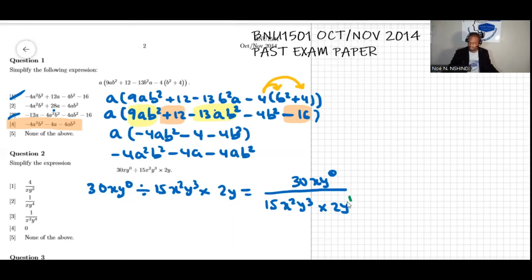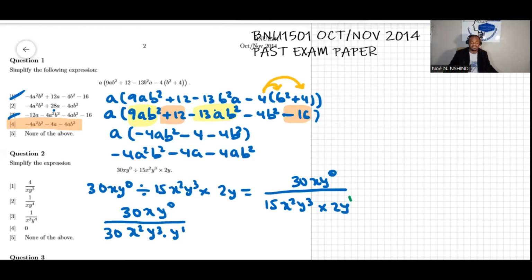And this can be combined like this: 30x y to the power of 0 all over 30, okay? Because it's 15 times 2, so it makes 30. And then x squared y cubed times y to the power of 1. Okay, I prefer to do it that way.